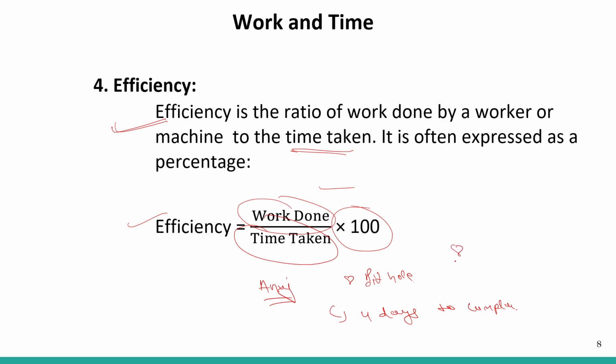So 8 by, let's say it is a 2 feet hole. So 2 by 4 into 100. This is nothing but 1 by 2 into 100. This is equal to 50. So the efficiency becomes 50%.